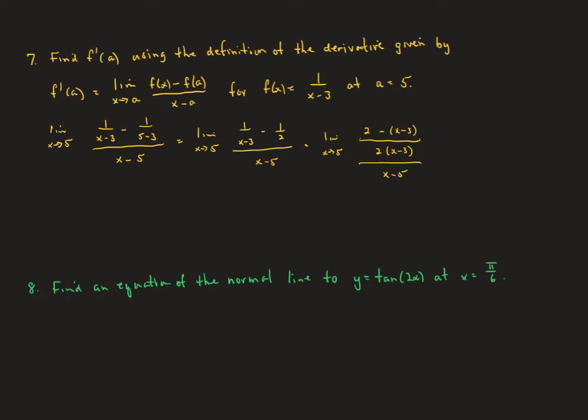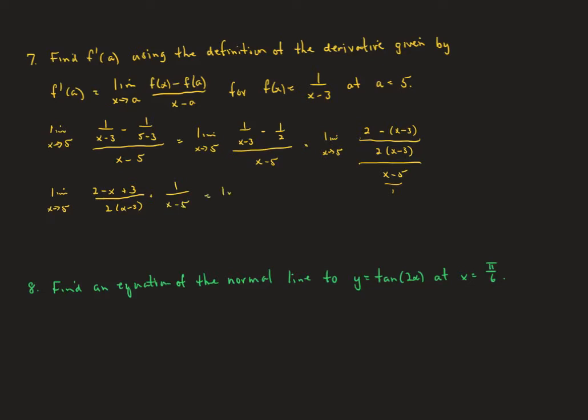So let's see, we're going to get the limit as x approaches 5. In the numerator, that's going to be 2 minus x plus 3 all over 2 times x minus 3. And this 2 divided by x minus 5 is going to be 1 over x minus 5 when we're ready for it.